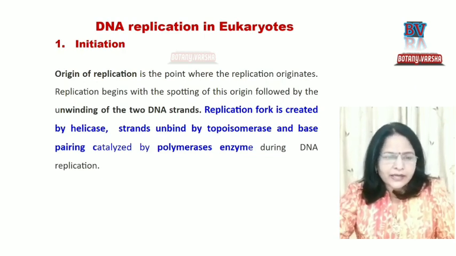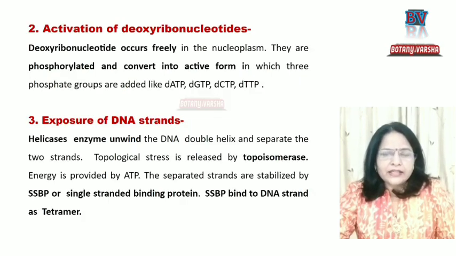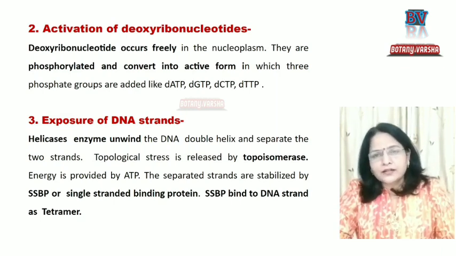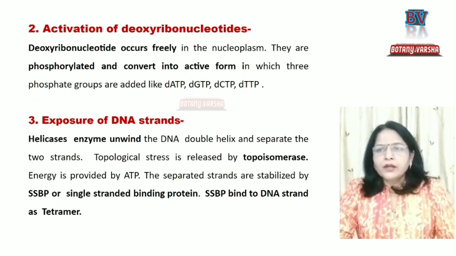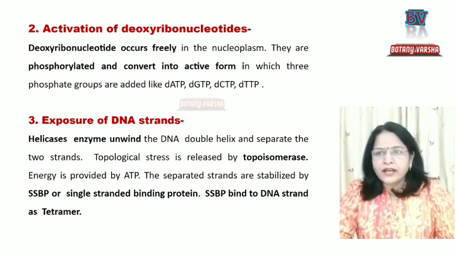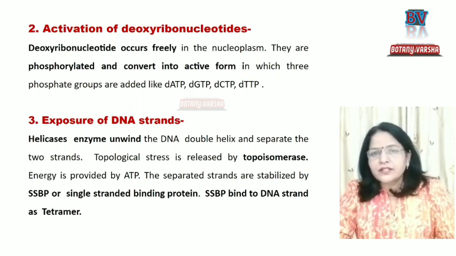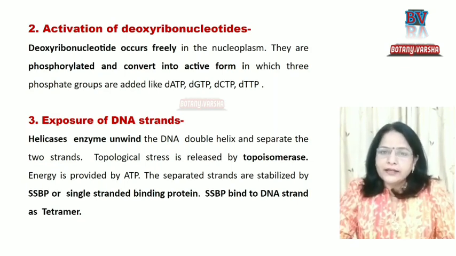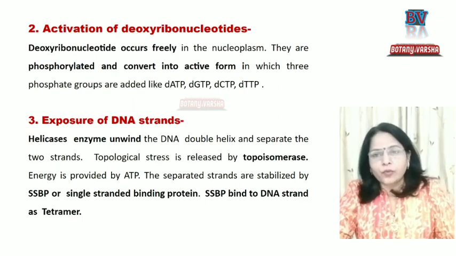And the second point is activation of deoxyribonucleotides. Deoxyribonucleotides occur freely in the nucleoplasm. They are of 4 types: dAMP, dGMP, dCMP, and dTMP. This means they are found in the form of monophosphates in the starting, and they are phosphorylated and converted into the active form, in which 3 phosphate groups are found.